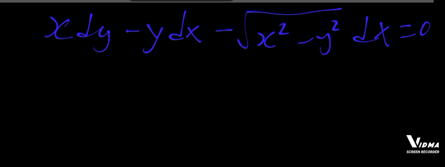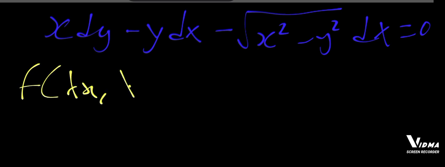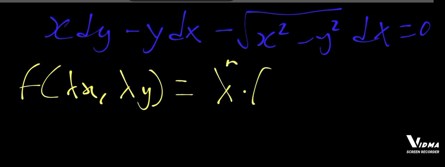So first of all, we know that to test whether it is homogeneous, we have to find f of lambda x, f of lambda y, and it must be equal to lambda raised to a certain degree times f of xy. So that's what we are going to do here.